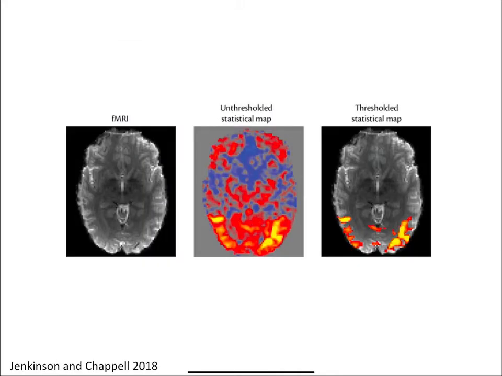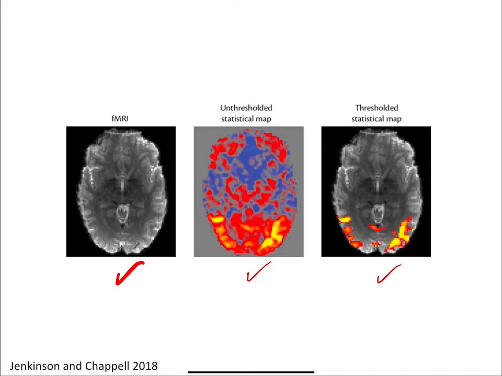Okay, so basically, for single subject analysis or single scan analysis, we have our fMRI data, we have our statistical map, and then we might threshold it. And typically, what you're going to use this for when you're looking at data is just to get a sense of how well the data looks at a single subject analysis level. If you have a very strong design, you're going to see nice activations.